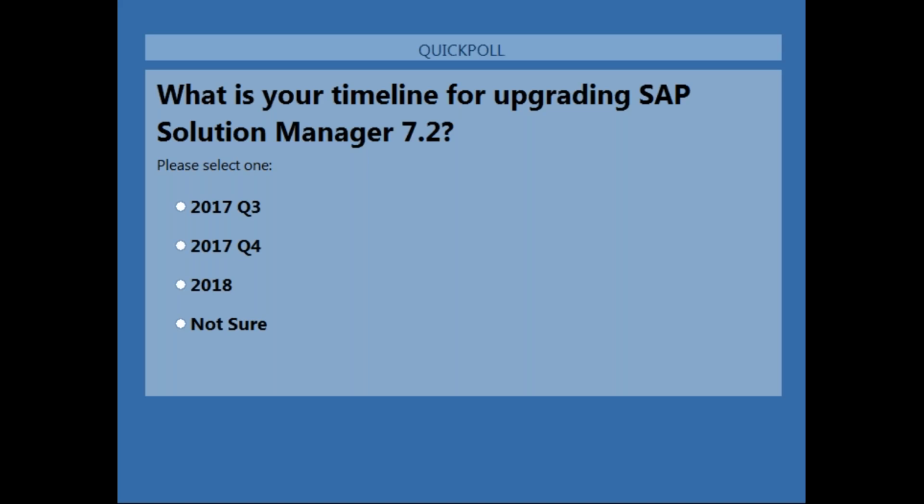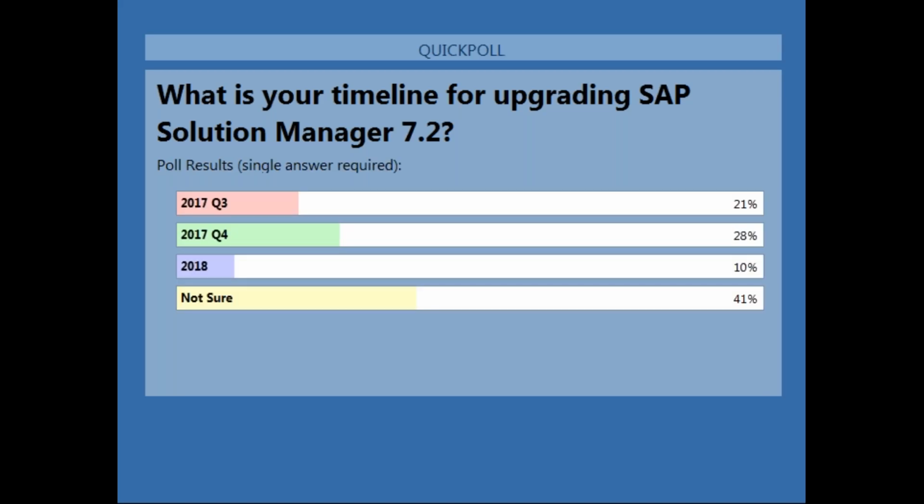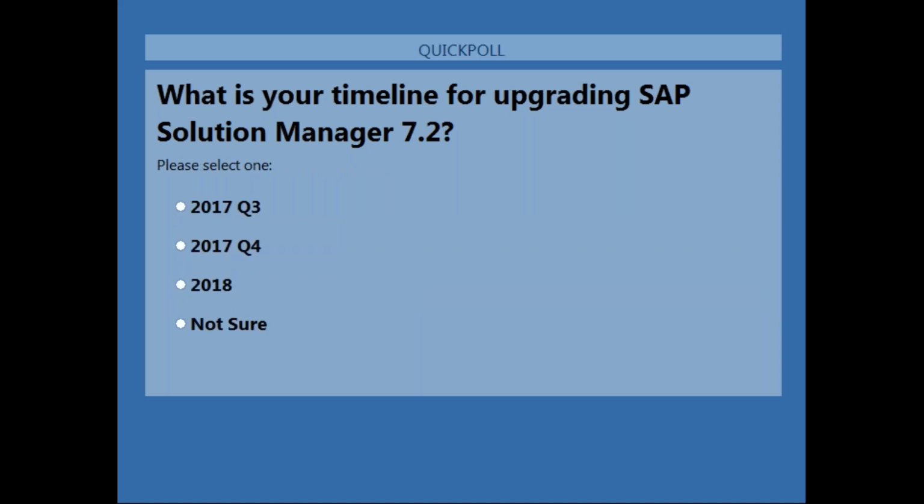Looks like the majority has voted, and the good news is that the majority of you are planning to upgrade sometime this year. About 10% are planning to upgrade last year, so we just wanted to talk a little bit about SAP's roadmap and the timelines.